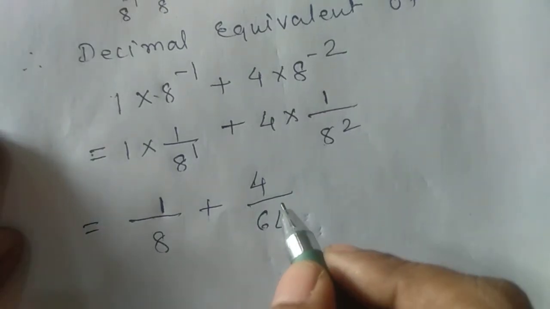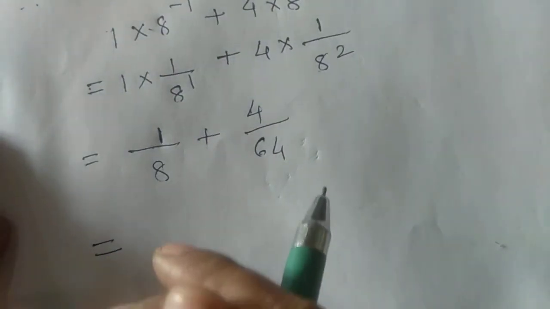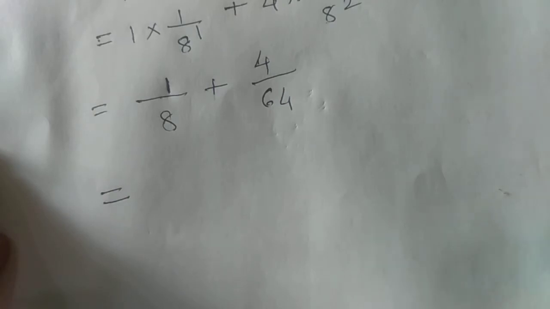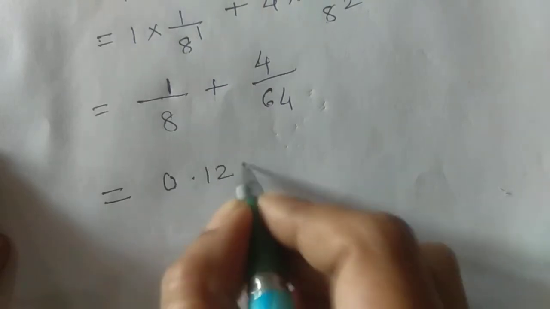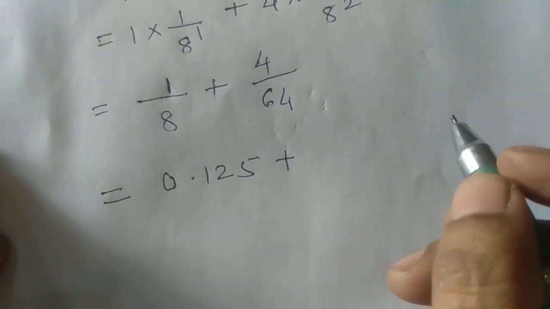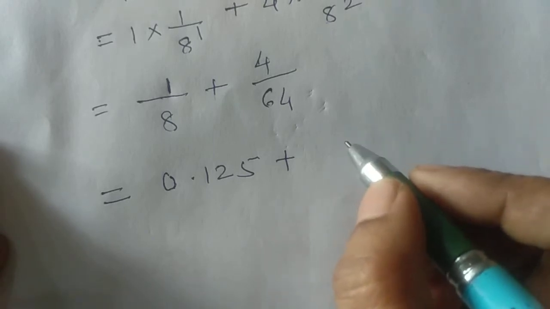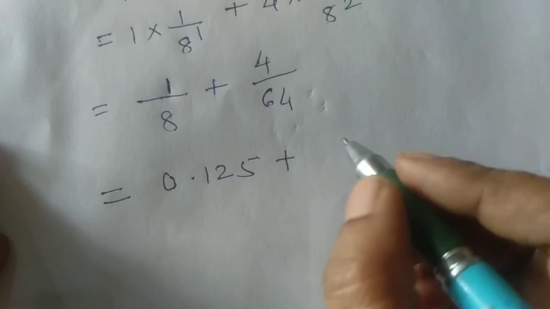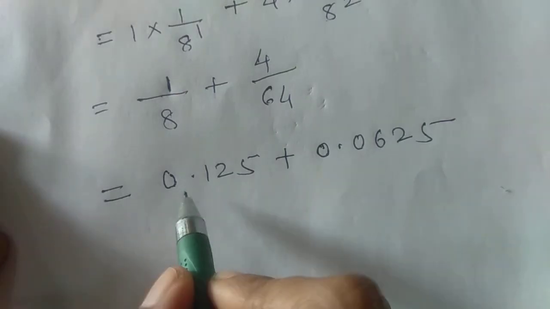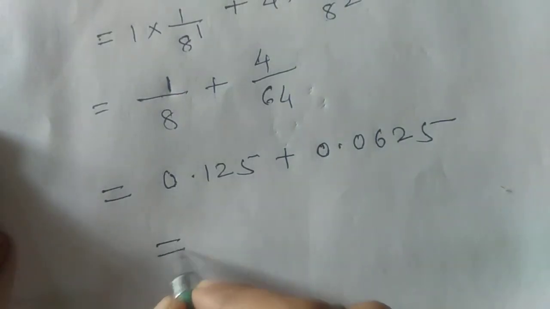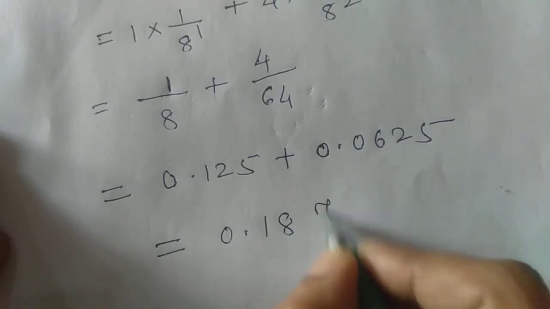You can directly calculate this. You can use a calculator for senior college. Now I will write the value of 1 by 8 as 0.125, and if I use the calculator for 4 upon 64, it will be 0.0625. Now using the calculator you will have to add this. This will be 0.1875.